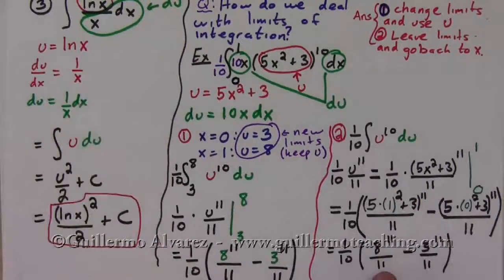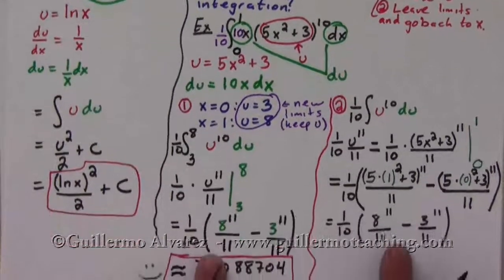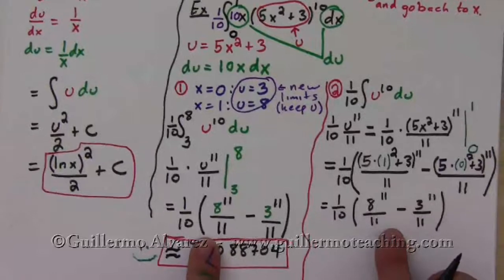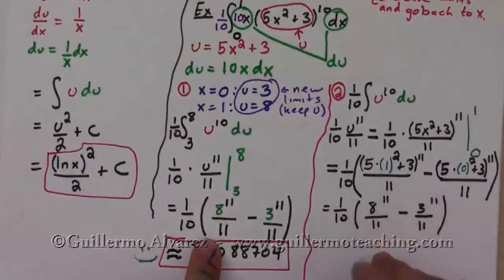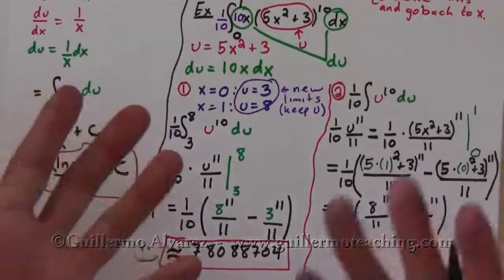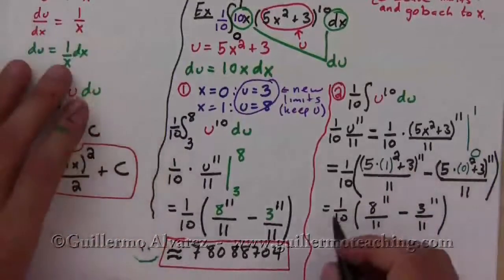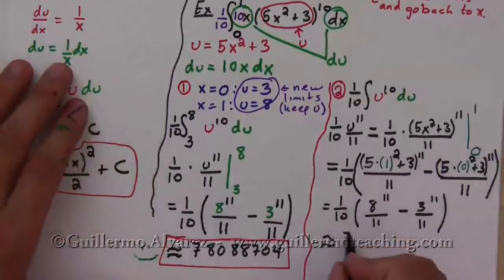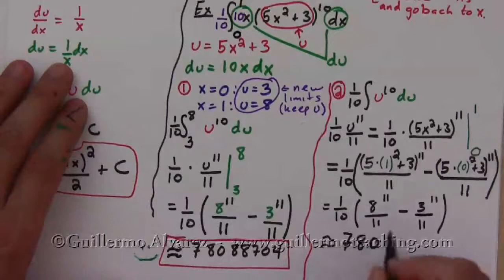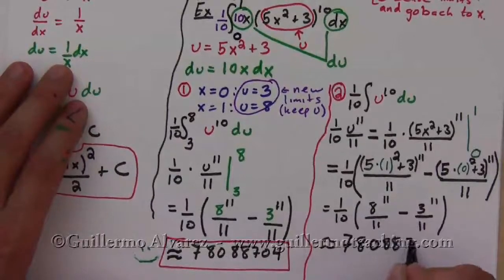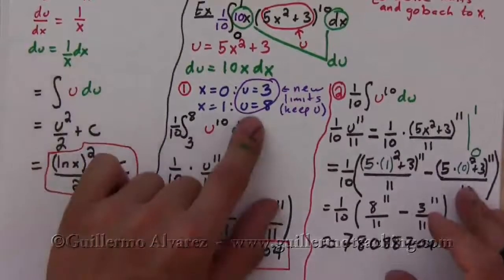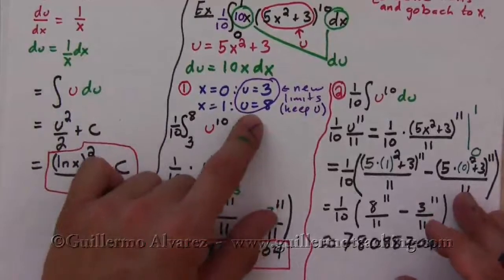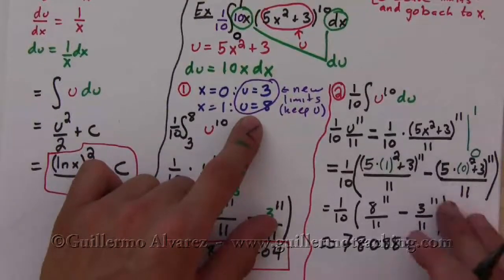And if we take a look and compare, these are exactly the same. Now it's just up to you, whichever way you prefer. Me personally, I think I like to just change it to u's, but I don't know.